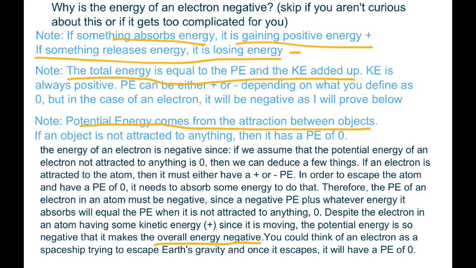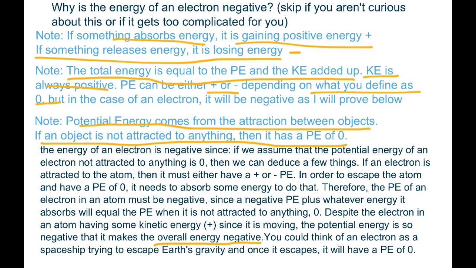For example, we standing or sitting have a gravitational potential energy because we are attracted to the Earth, and thus we have some sort of potential energy due to gravity, because gravity is an attractive force. And if an object is not attracted to anything, it has a potential energy of 0. Let's move back to the second point. Kinetic energy is always positive. Potential energy can be either positive or negative depending on what you define as 0.